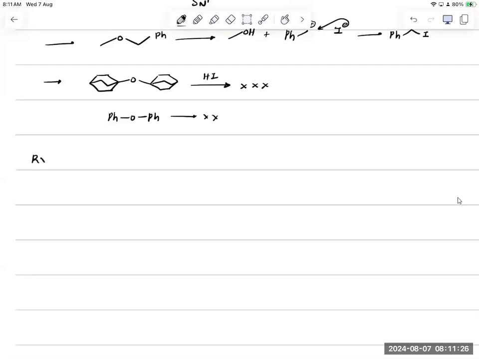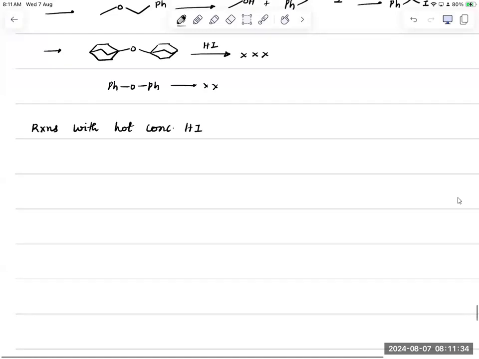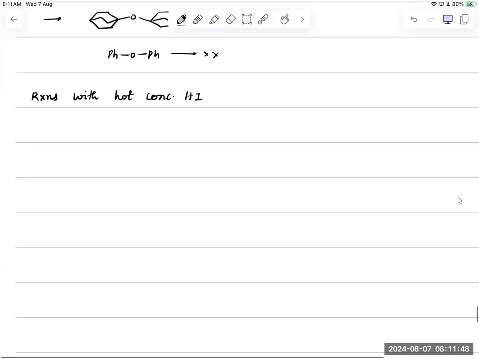Next is reactions with hot concentrated HI. Got it. In hot concentrated HI, we expect that whatever alcohol is forming will also give away iodide.